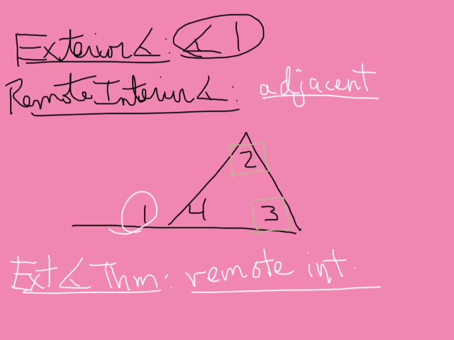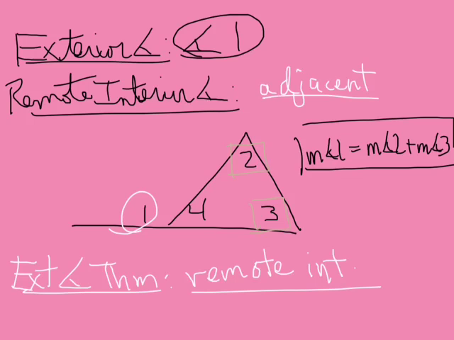But here's what you can write in the example spot: the measure of angle 1 is equal to the measure of angle 2 plus the measure of angle 3. Because we know that the exterior angle 1 is equal to the sum of the remote ones, 2 and 3. And really it's pretty simple.